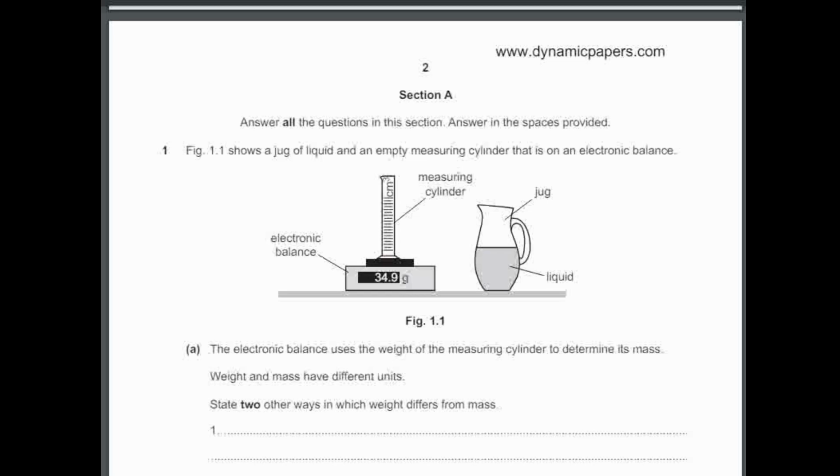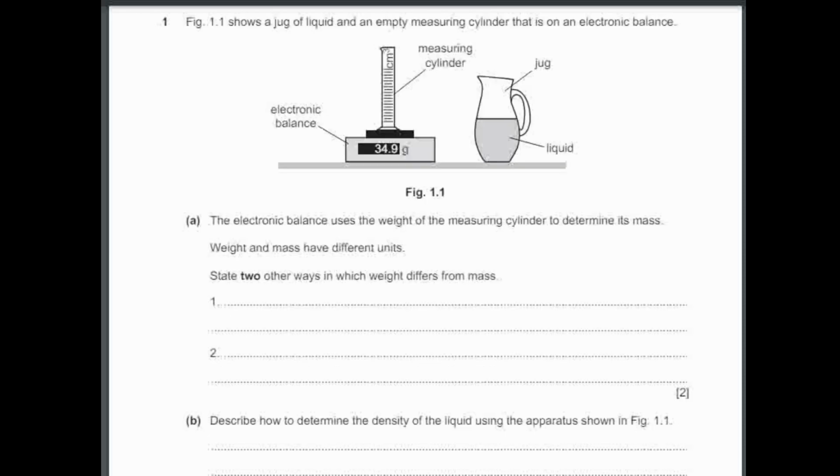There are many differences. Two of them we can write like this. The first can be that mass is a scalar quantity and weight is a vector quantity.